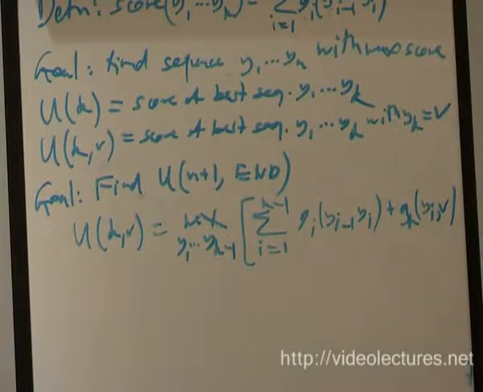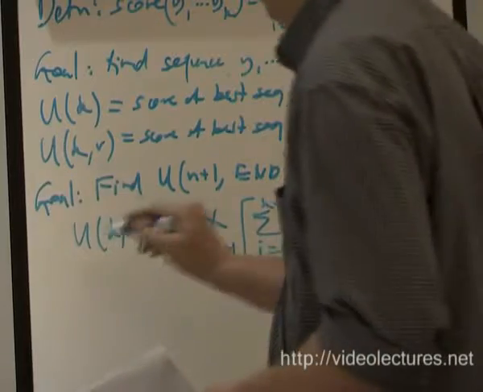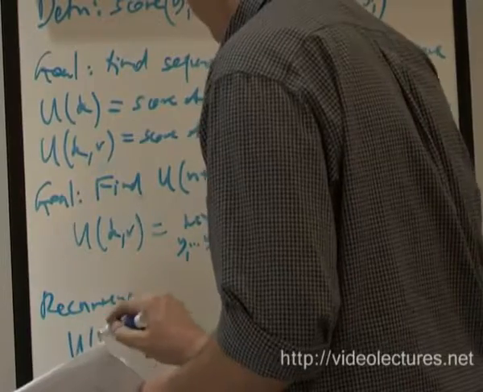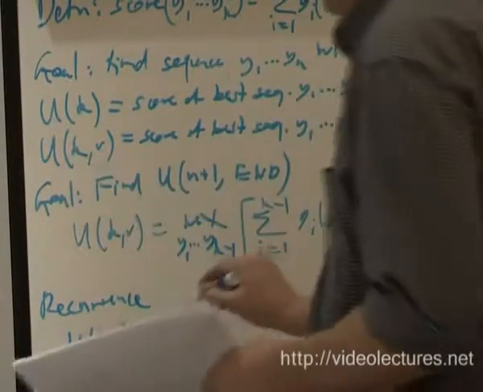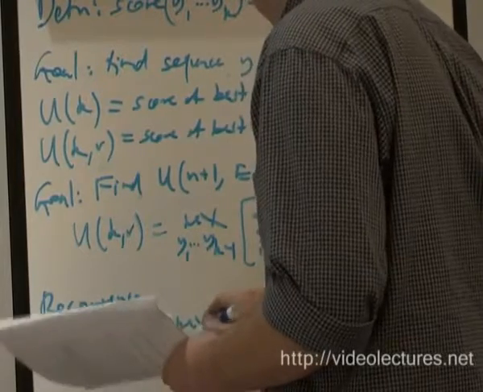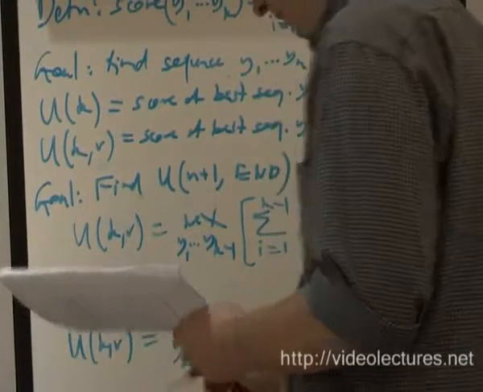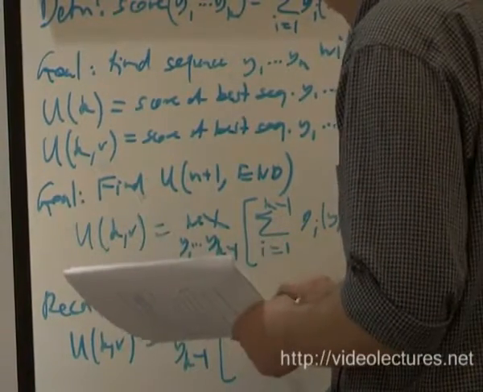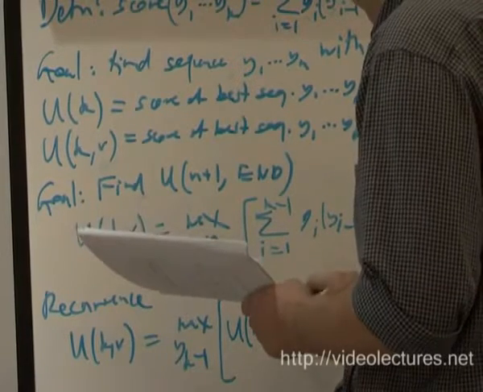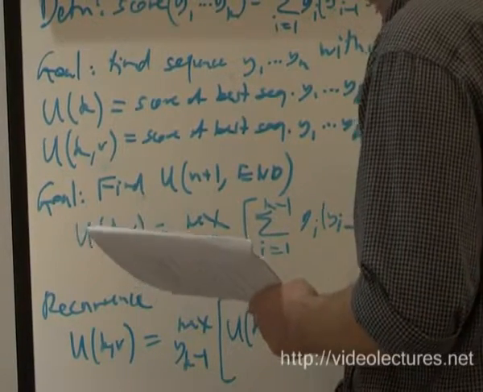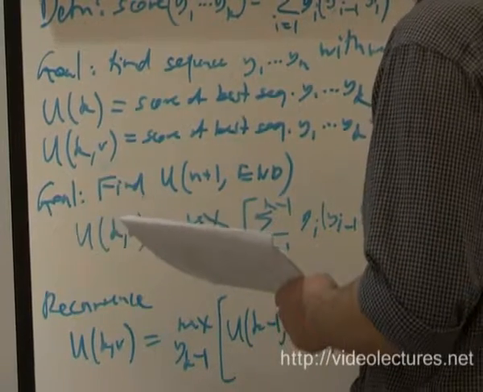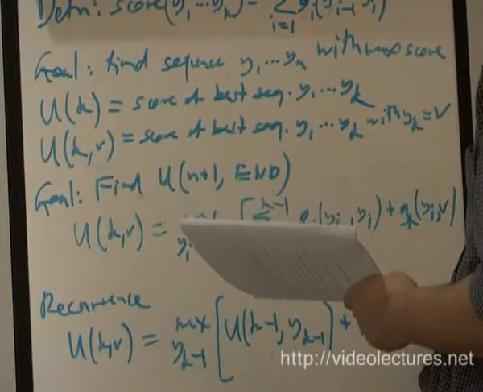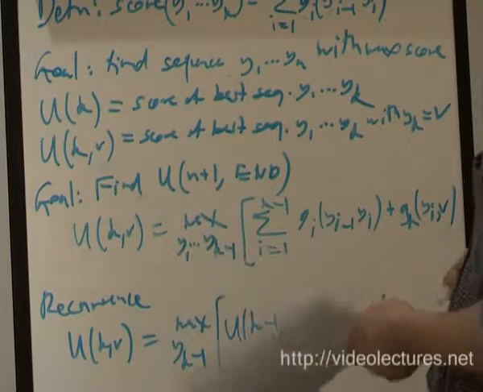And so now comes the interesting part. I'm going to have a recurrence. So u of kv is the max over yk minus 1 of u of k minus 1 comma yk minus 1 plus gk of yk minus 1 and v.